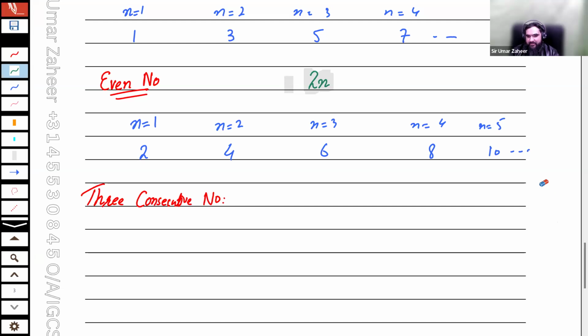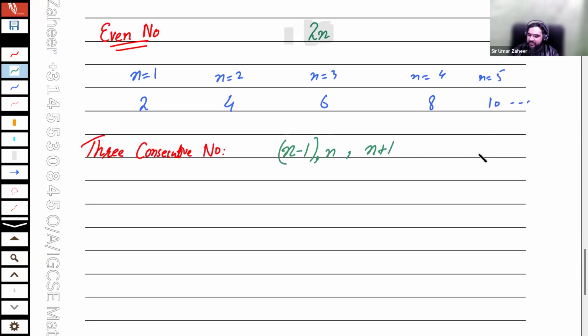The best option is n minus 1, n, n plus 1. For example, if you substitute n is equal to 1, you will get 0, 1, 2.